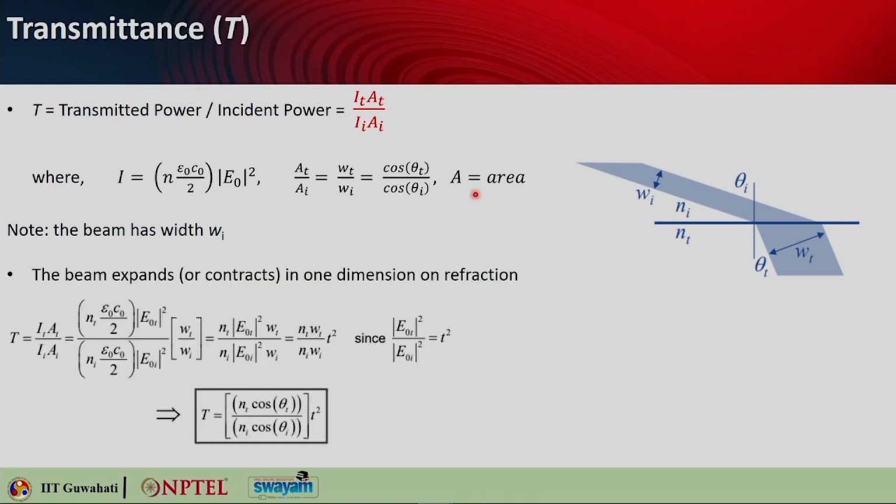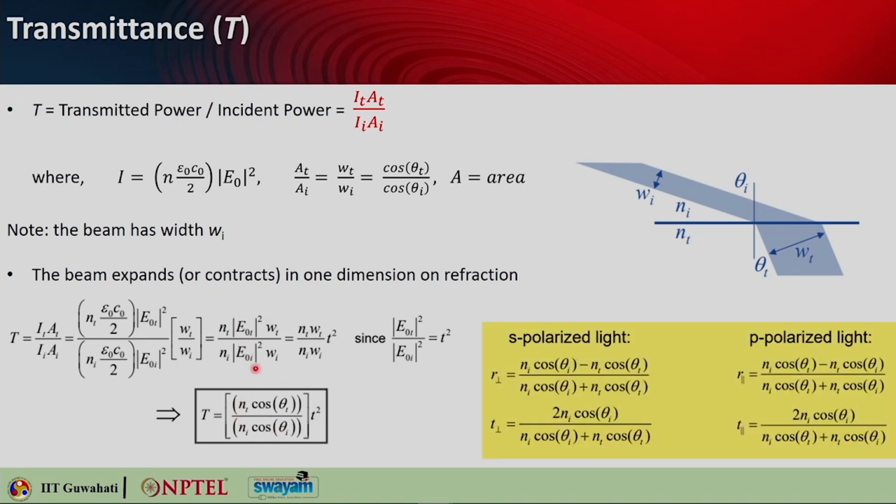So finally you can find out what the transmittance T is. It is I_T A_T over I_I A_I. A_T over A_I can be simply written as cos theta t over cos theta I. When you do that, you get a ratio of E0T square over E0I square, and E0T over E0I is nothing but small t, the transmission coefficient.